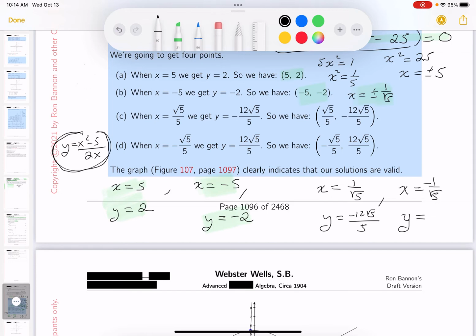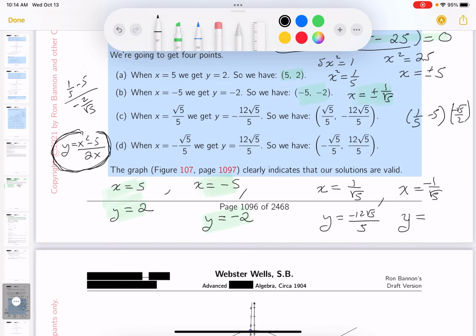I'll plug it in. And what do you get? Again, we're plugging it in here. You're going to get 1/5 minus 5. And then you're going to get minus, let's see, what would you get there? 2 times that number, right? So minus 2 over root 5. Well, deja vu all over again. So 1/5 minus 5 times the reciprocal of that number, which is minus root 5 over 2.